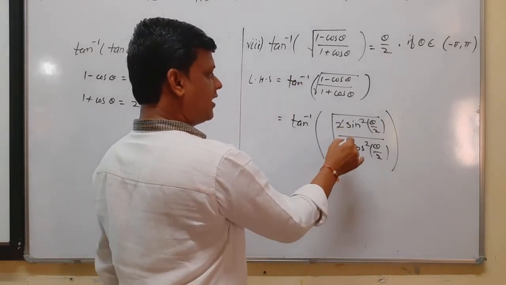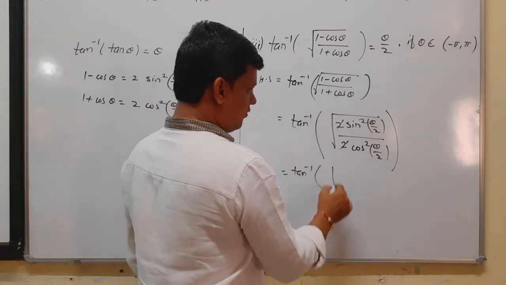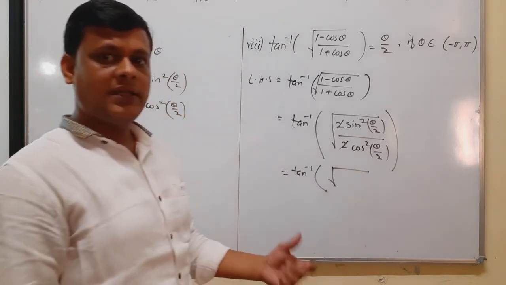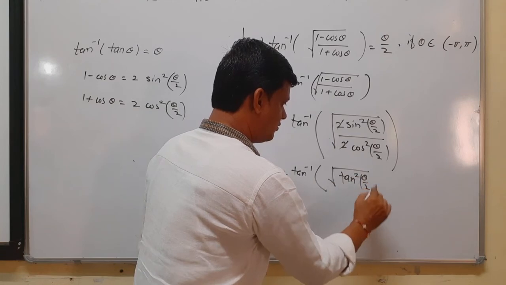Now 2 get cancelled. Tan inverse of, we can write, root of sin square theta by 2 upon cos square theta by 2, that is tan square theta by 2.